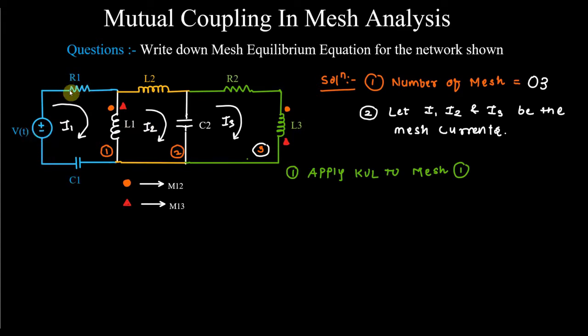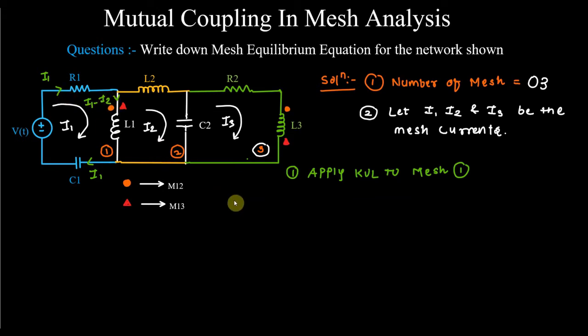I am writing directly: the current through R1 is I1. The current through the capacitor is again I1. What is the current through L1? As L1 is common to meshes 1 and 2, the current here is I1 minus I2.